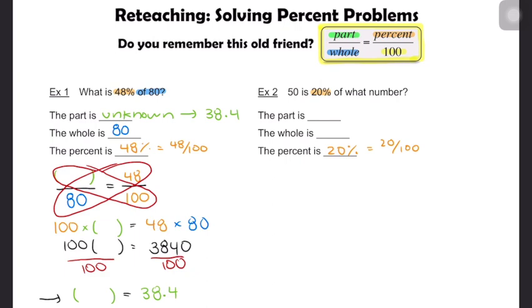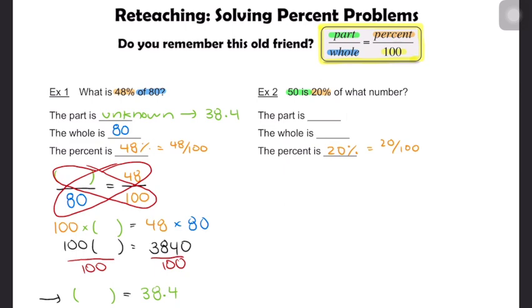Now we got to figure out, well, 50, is that a part or is that a whole in our proportion? Now, a clue that's given to you is whenever you see that 50 and is, the word is a key word here that tells us that we're actually going to be looking at a part, right?